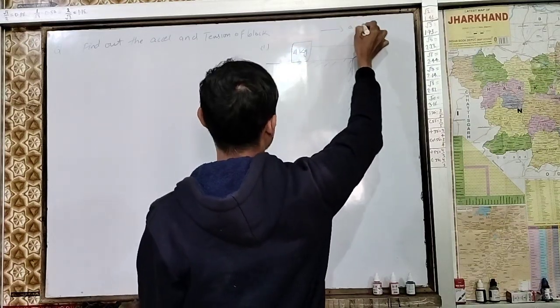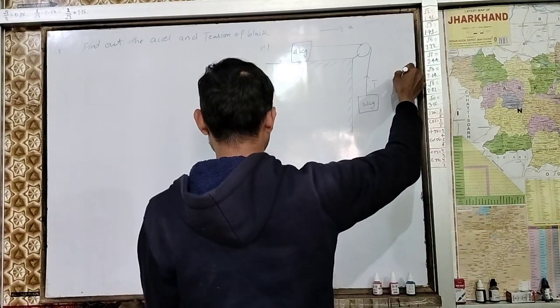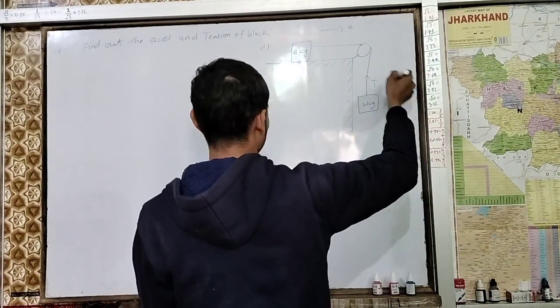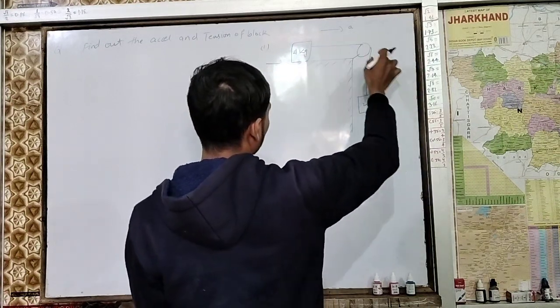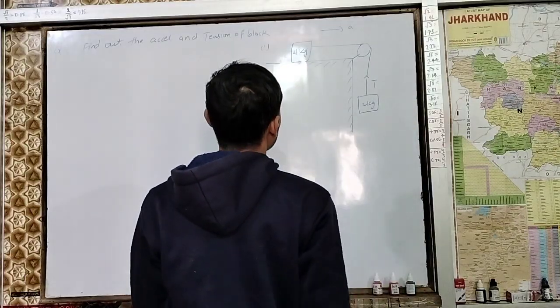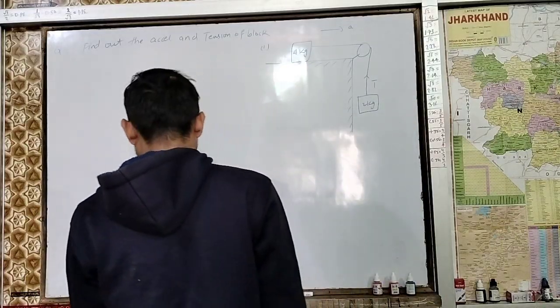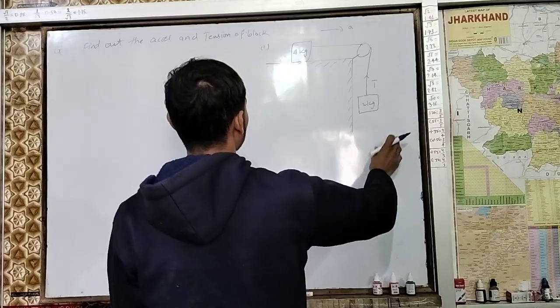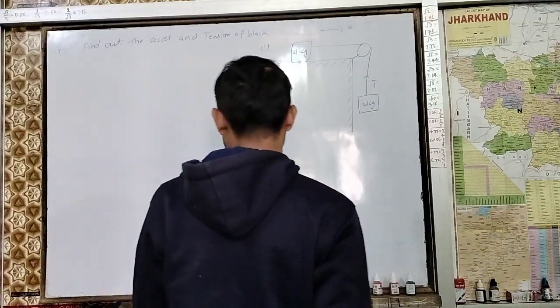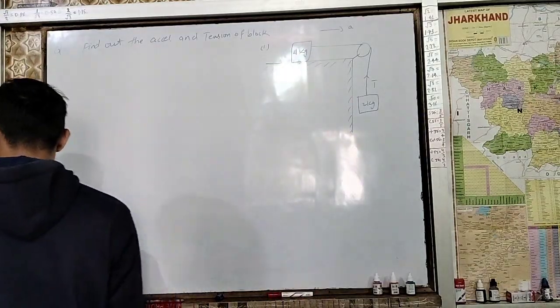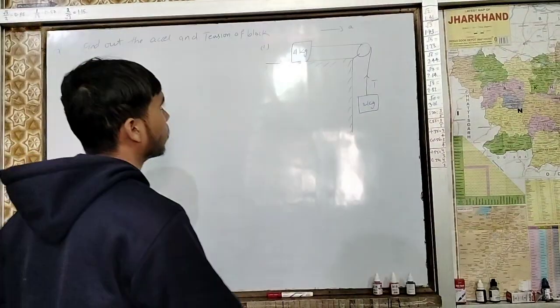Acceleration is forward. Of course, if this is 4 kg, there would be no acceleration. Reason is the mass of the first object is the same. That's why there will be no acceleration.